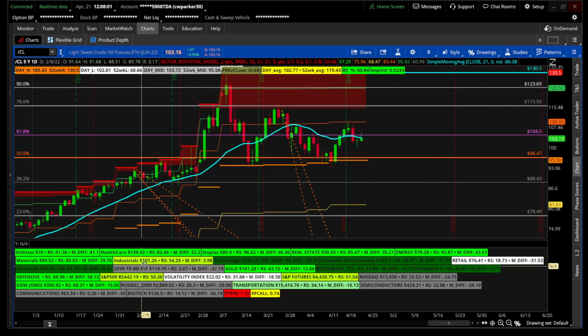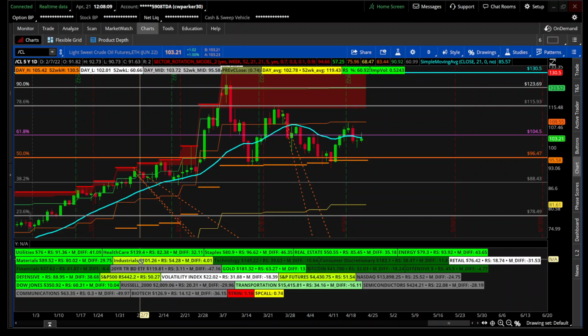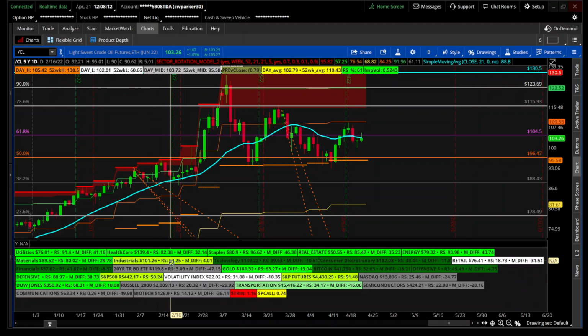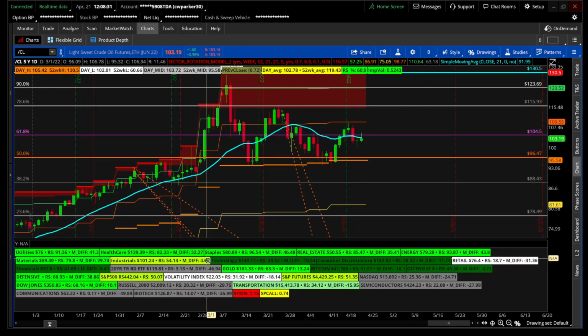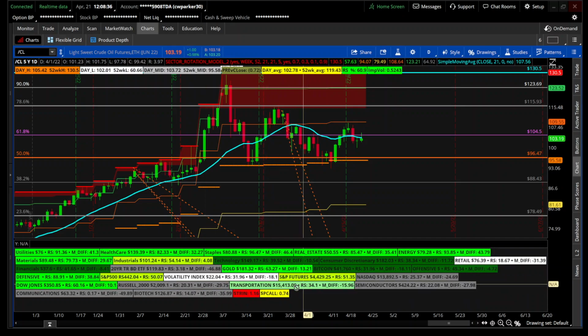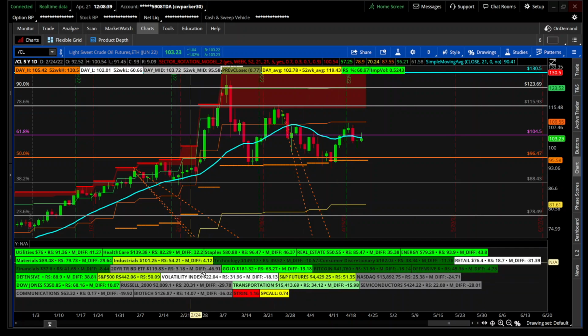If it's this drab green color, it's because it's above 50, but its short-term average is not above its mid-term average. If it's above 70, but the short-term average is below the mid-term average, it'd be light green. Transportation is not right, so I had to go in there and fix that.